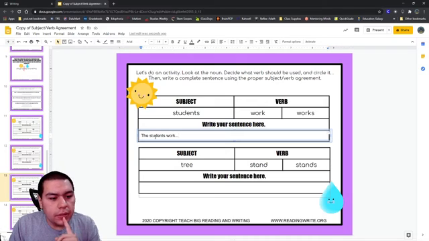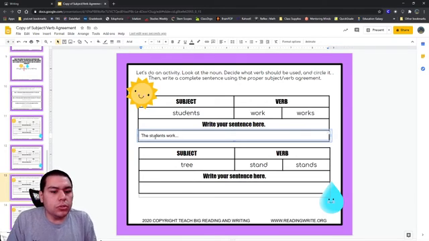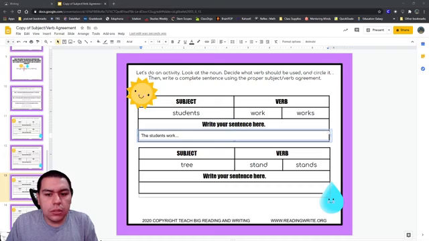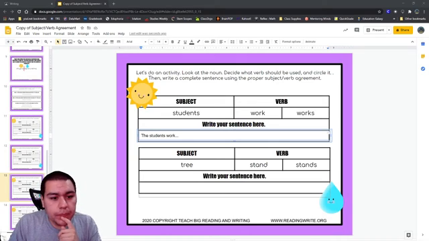How else could I end it? The students work. What else could the students work on? Violet, what else could the students work on? Homework. On their homework. What else? What else could the students work on? Ezekiel?